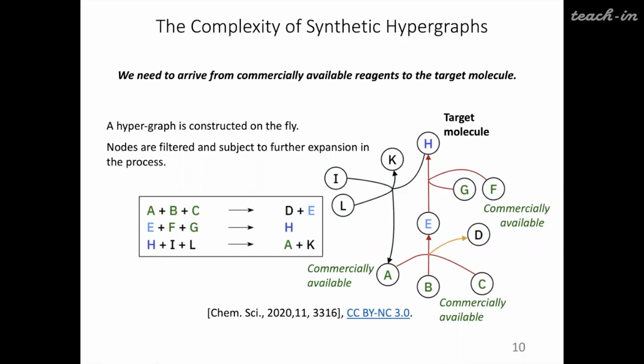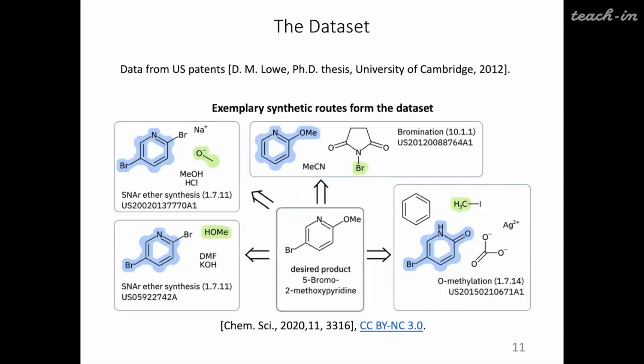As an example of alternative synthetic routes from the data set used by the authors, we can analyze the synthesis of 5-bromo-methoxypyridine, and it can be synthesized in several ways from several precursors.